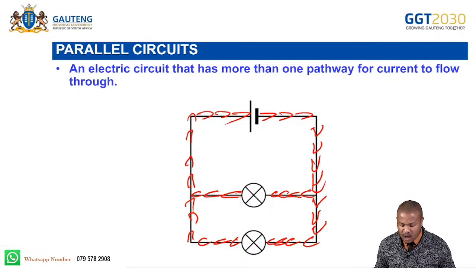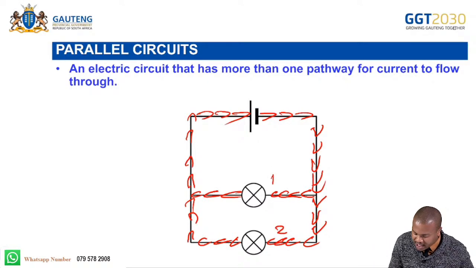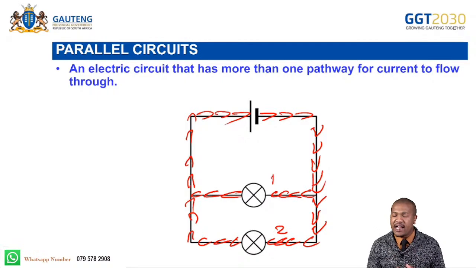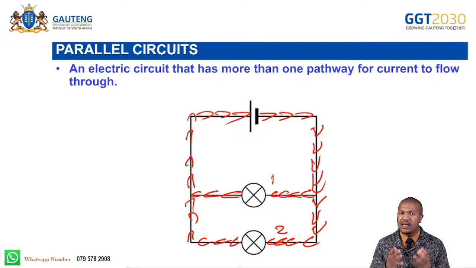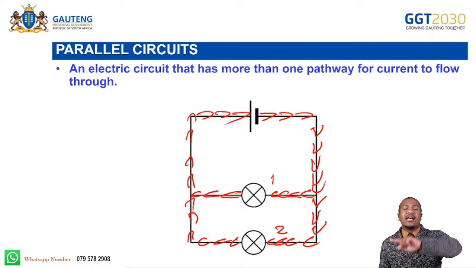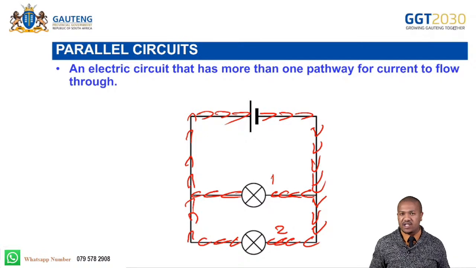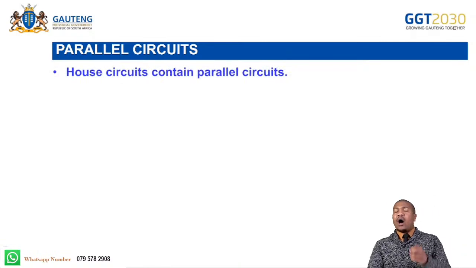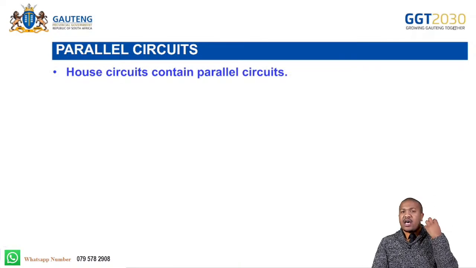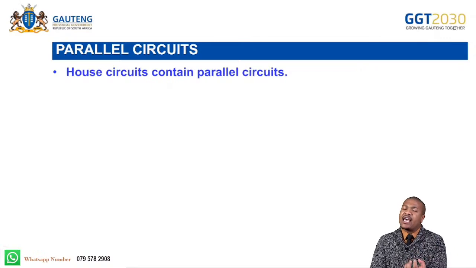As we can see now, it has branch 1 and branch 2 this side for current to flow. So therefore we say it is a parallel circuit, as compared to a series circuit that only has one pathway for current to flow. Are we together? So now, in most cases, our houses are using parallel circuit connections.